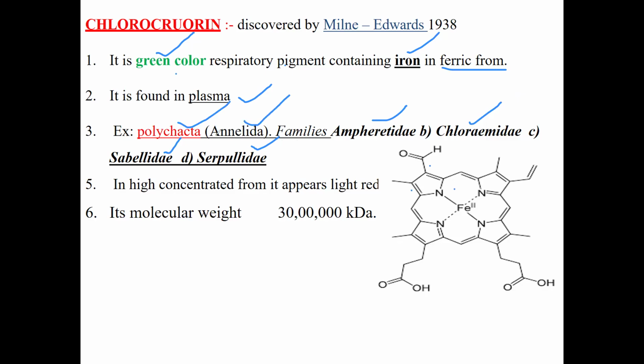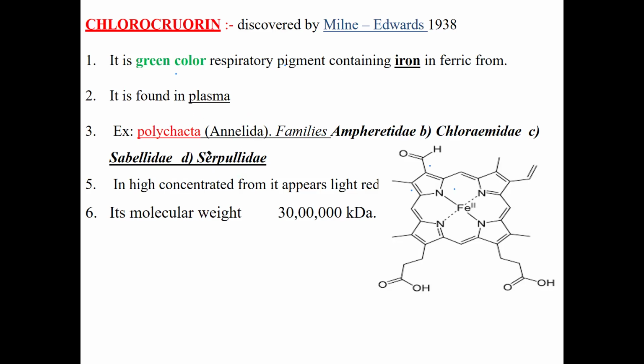Polychaeta animals contain this chlorocruorin. Chloro means generally green. Remember, but here iron is present instead of magnesium. These two examples are famous, and the phylum is Annelida, class Polychaeta.